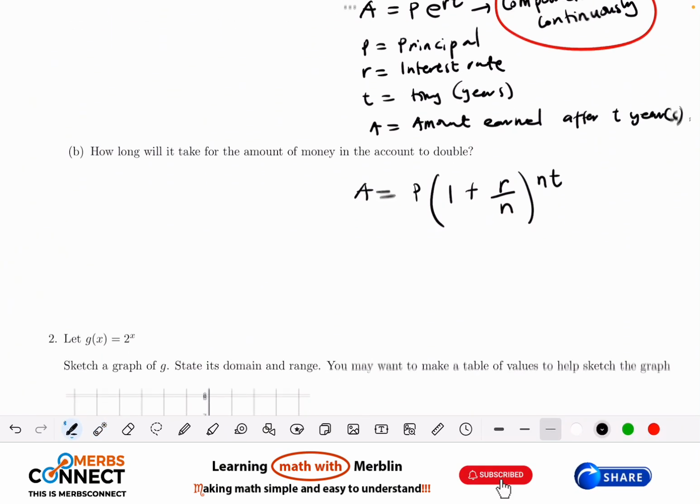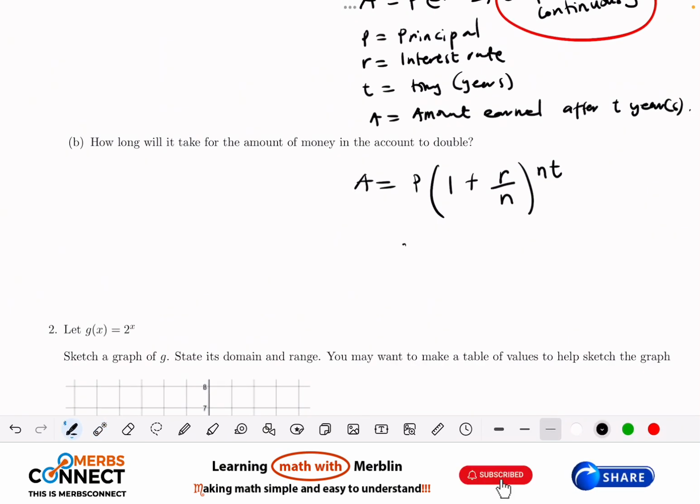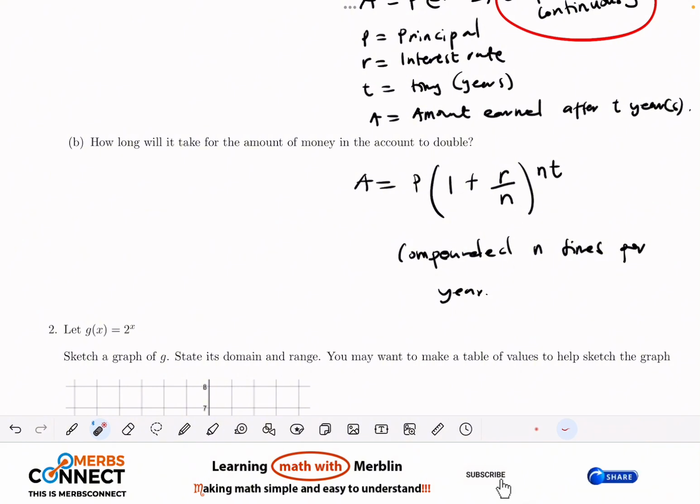Now, what is N? N, we can talk about compounded n times per year. So this one is like I want to invest in a bank account within a year, right? So within a year, instead of investing the money in such a way that my interest is going to be like 1 year interest, I want to do it in such a way that it will be compounded n times a year.